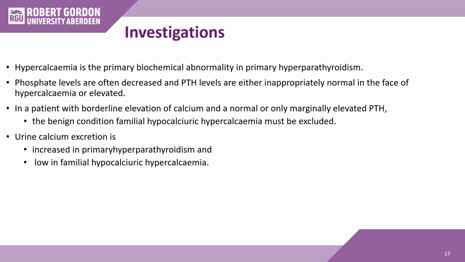In a patient with borderline elevation of calcium or normal or only marginally elevated PTH, the benign condition familial hypocalciuric hypercalcemia must be excluded. So further tests must be conducted. Urine calcium excretion is increased in primary hyperparathyroidism and low in familial hypocalciuric hypercalcemia. So that could be the differential diagnosis between the two.